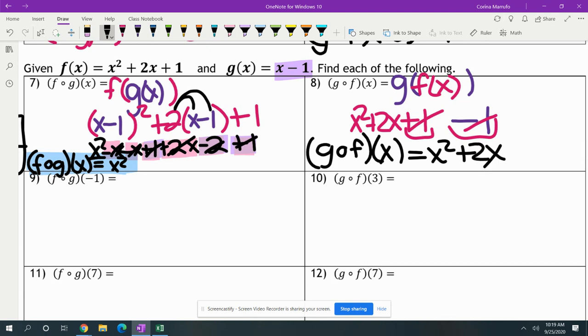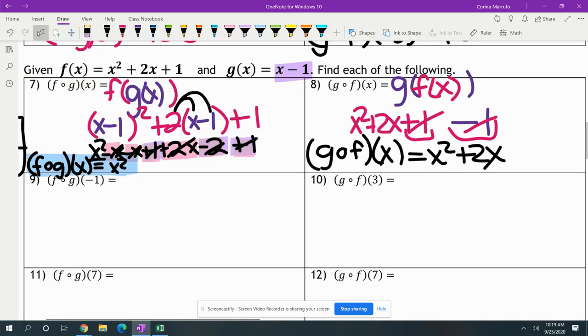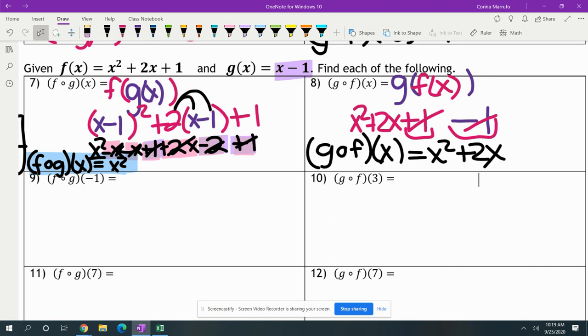Okay. So now they want us to practice plugging in a few numbers into this. Okay, so we have F composite G of negative 1. So we are going to take our F function first. So my F function is x squared plus 2x plus 1. And so I'm going to do blank squared plus 2 times blank plus 1.